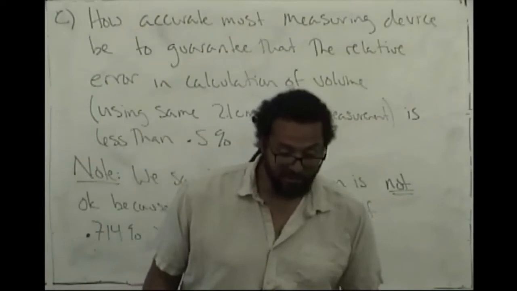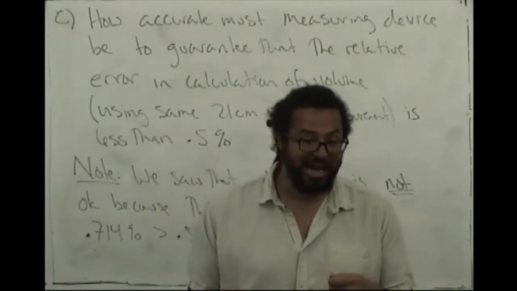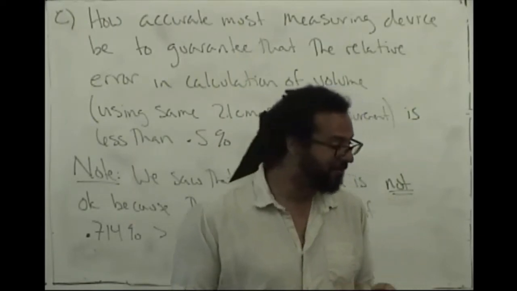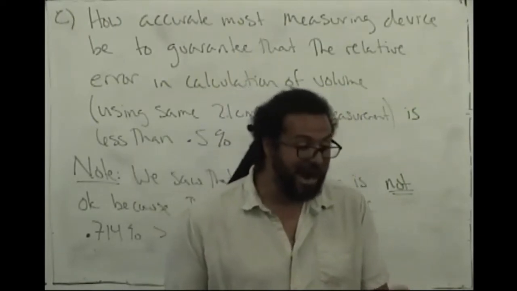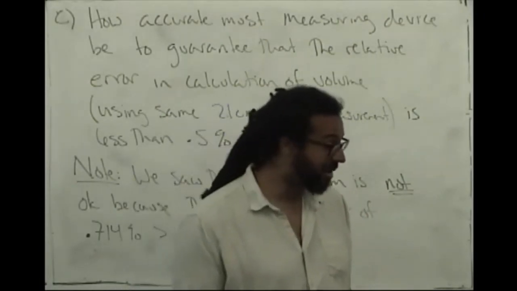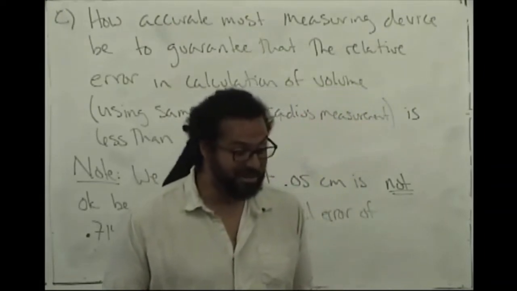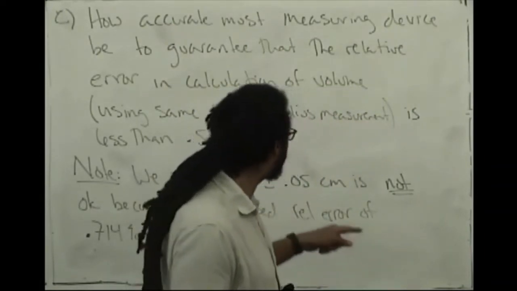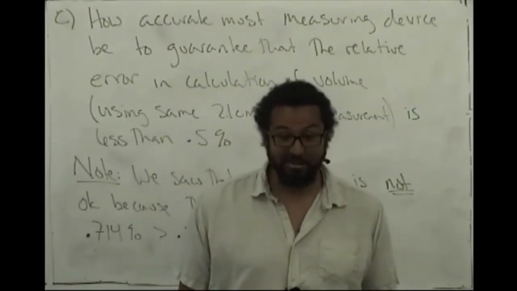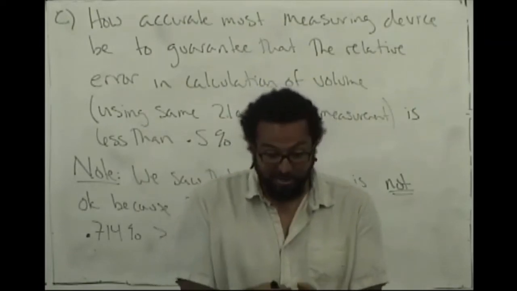So now you've handed me how close I have to get in my calculation of volume. And so that's going to determine how accurate this measuring device better be. Now I'm on the job. And the boss says, you've got to compute the volume of this thing, and you better not be off by more than 0.5%. So I better find some calipers that I know are going to be off by how much?